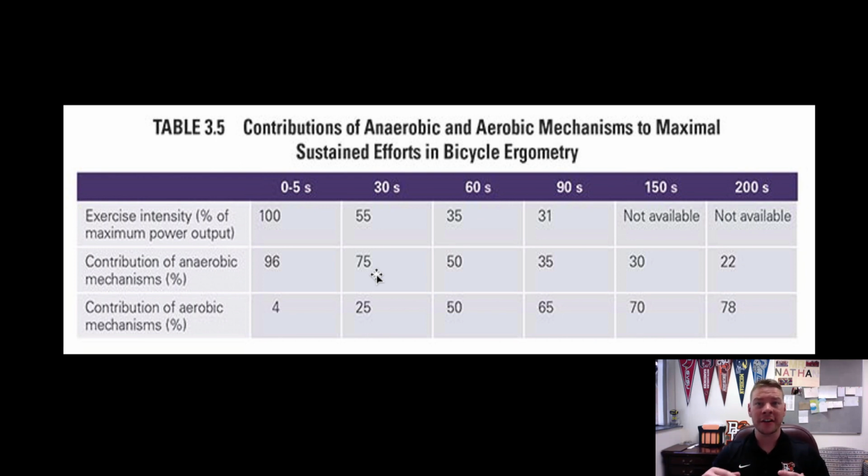So they're feeling very, very fatigued, which has forced them to slow down a little bit. So now their anaerobic mechanisms are doing 75%, and aerobic has picked up that slack and is doing 25% of the work. They've slowed down a little bit, which has allowed them to get a little bit more oxygen into their cells that they need. So our aerobic mechanisms can help do some of the work as well.